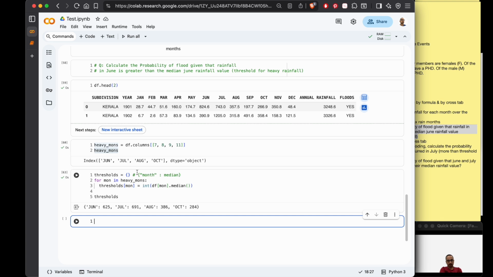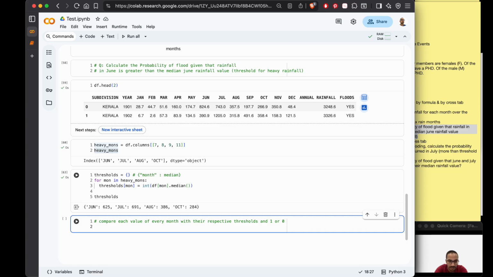Now we'll compare each value of every month with their respective thresholds and mark it as 1 or 0, right?